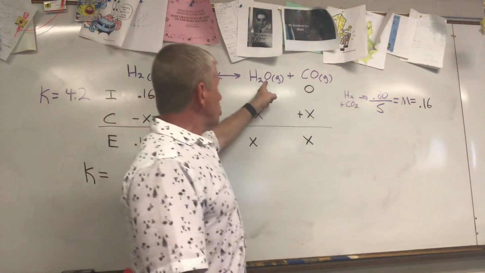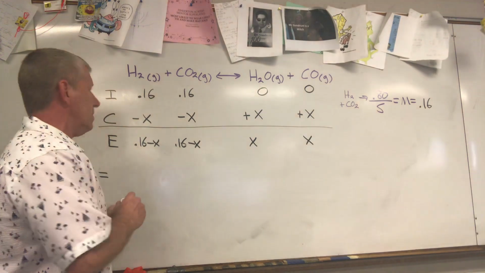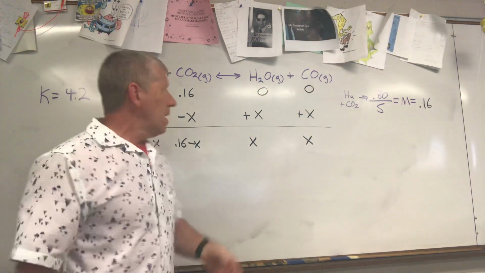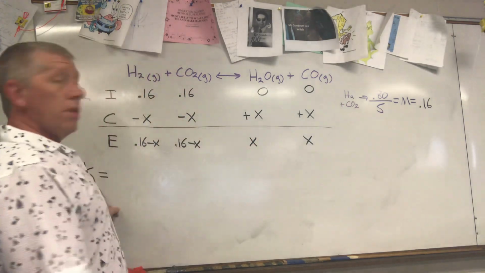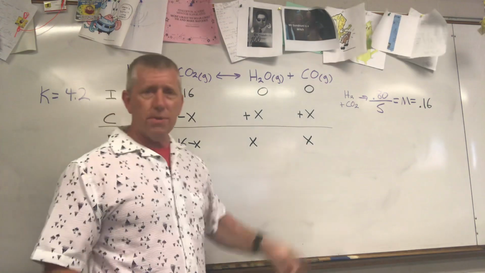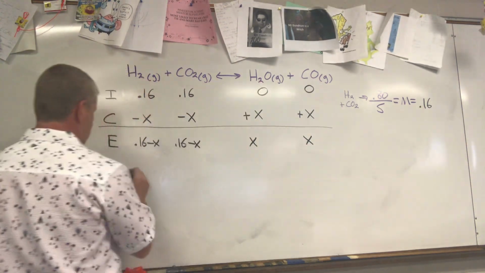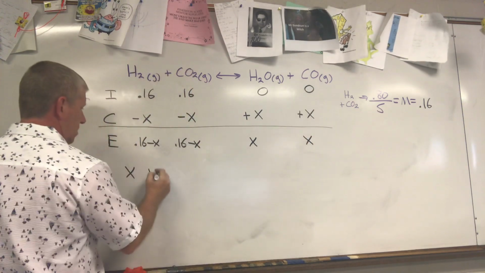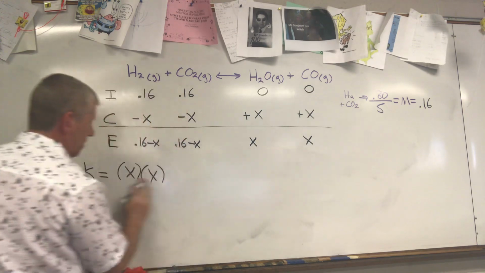Take our two products. I could go ahead and write down bracket H2O, bracket carbon monoxide, but I'm not going to do that because I know what those are at equilibrium. This is an equilibrium expression. Let's just put the x's in right here and save a little time. I put x for H2O and x for carbon monoxide at equilibrium.